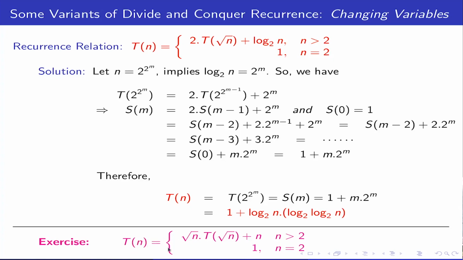Tn by n equal to T root n by root n plus 1. See, Tn by n, T root n by root n, I can assume it as Sn equal to S root n plus 1. Now you are in this kind of a format. Sn equal to S root n plus 1, same procedure. You go ahead only with your constant being 1 here instead of log.